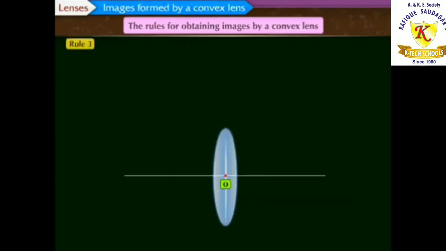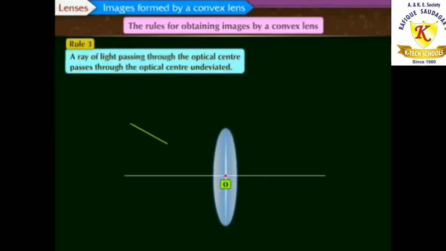Rule number 3. A ray of light passing through the optical center passes through undeviated, that is, without changing its path. So these are the 3 rules for drawing the images formed by a convex lens.